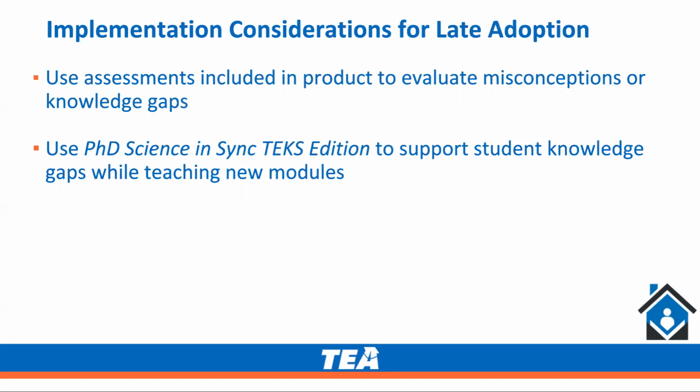Similarly, at the end of the second 6 weeks, at the end of the third 6 weeks, etc. So we'll be releasing information on how to think about those transition points throughout the year, should a district decide that the resources included in a particular product for TEKS help meet the needs of their teachers in their schools.